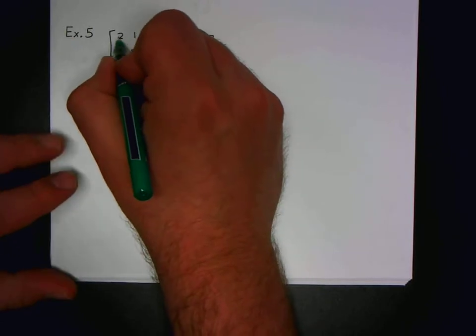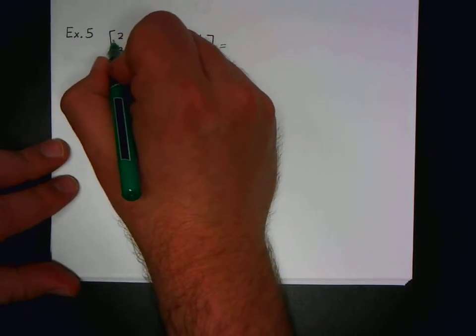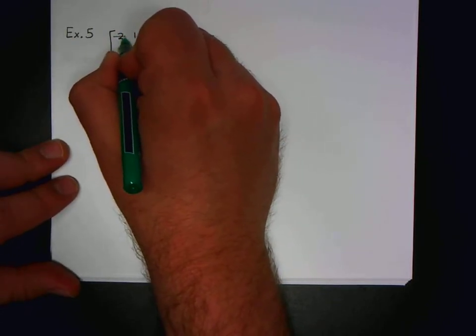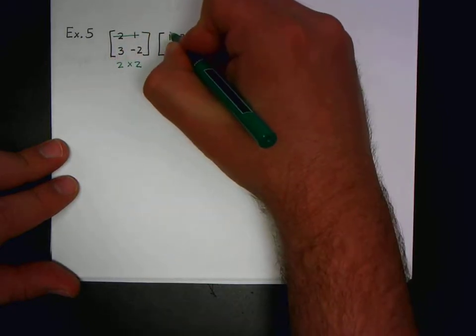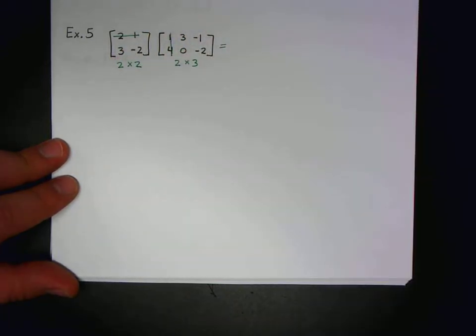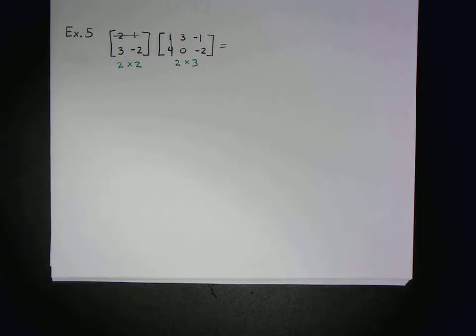I'm going to take this row times this column. The way you know that it's not possible to do is whenever you take a row times a column, you have more numbers in one of them than you do in the other one.